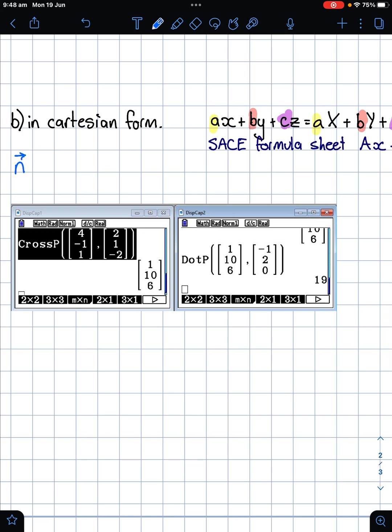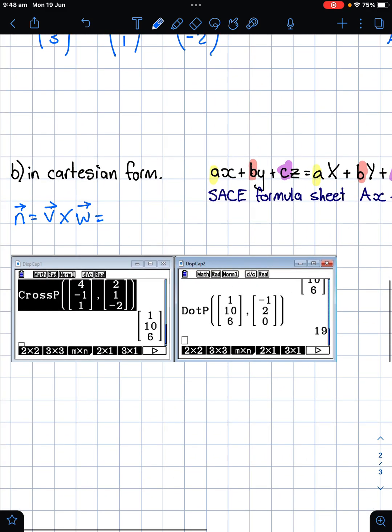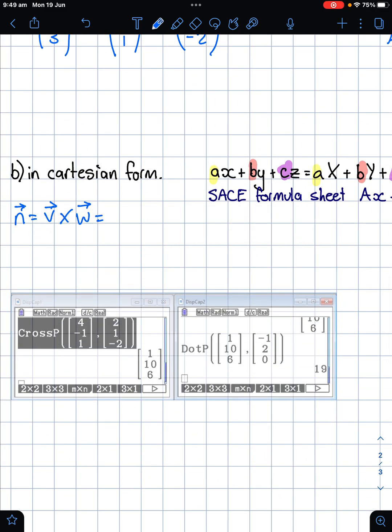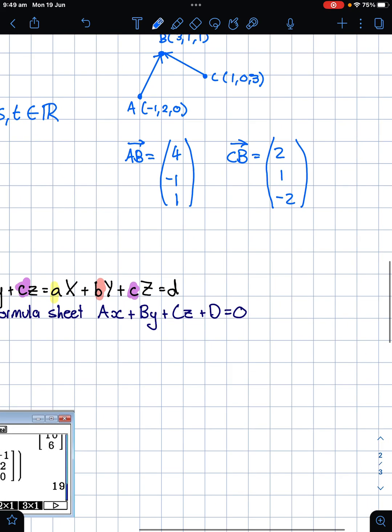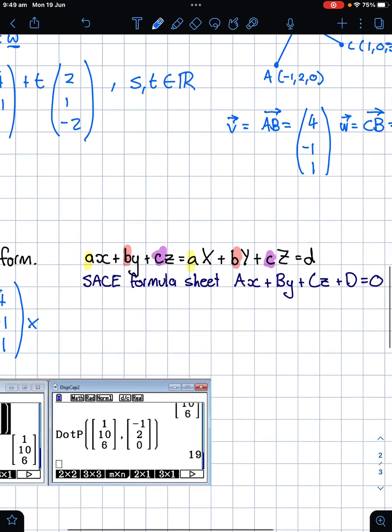From previously, our normal vector is going to be V cross product W, which means we're going to have the cross product of (4, -1, 1) with W. This one here is V and this one here is W for this particular exercise, so maybe I'll highlight them.